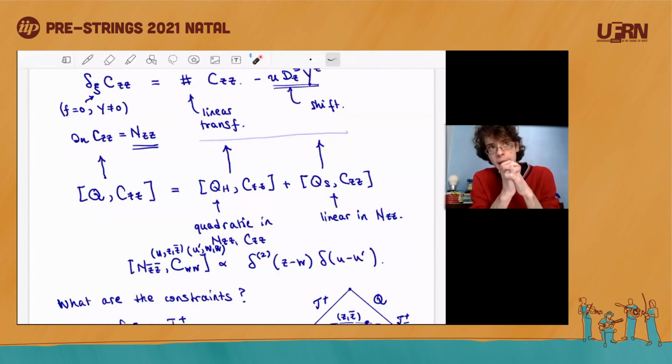So the question is about the physical measurability of the charge associated to the asymptotic symmetries at the quantum level now.